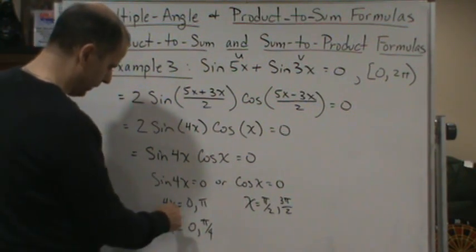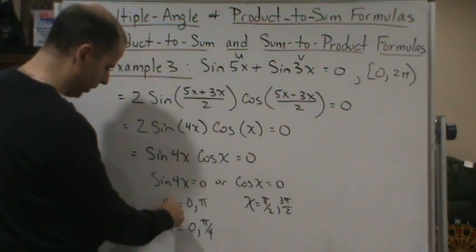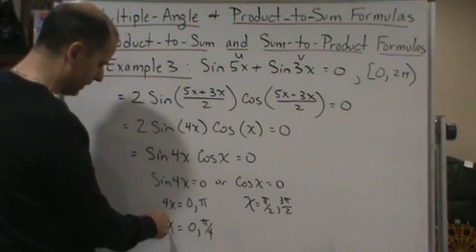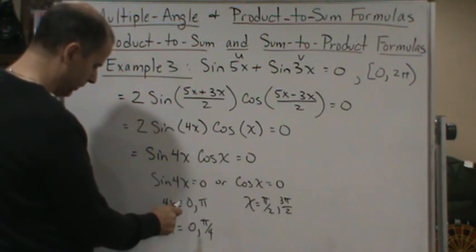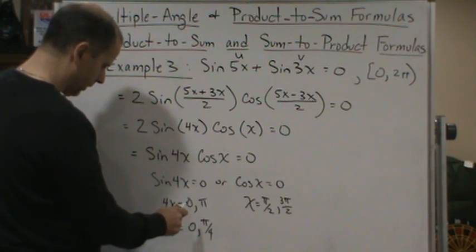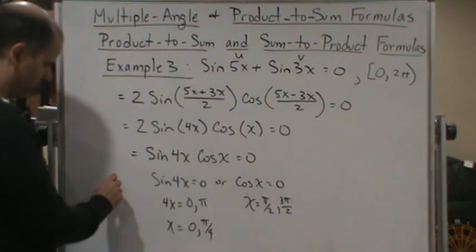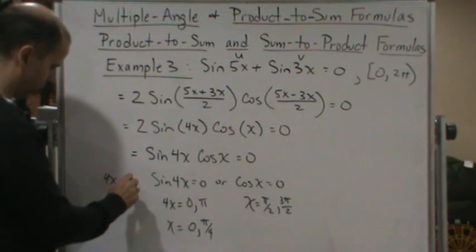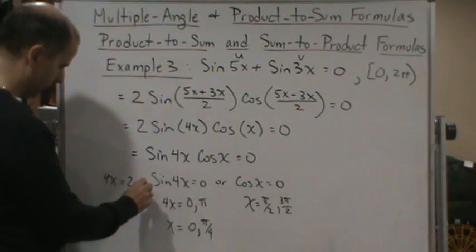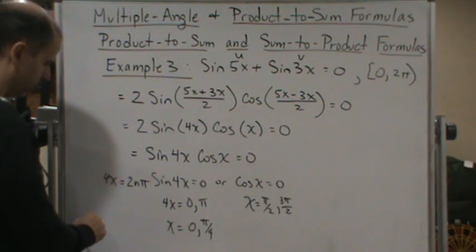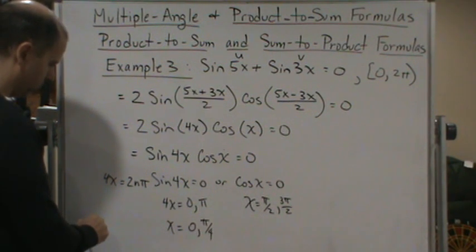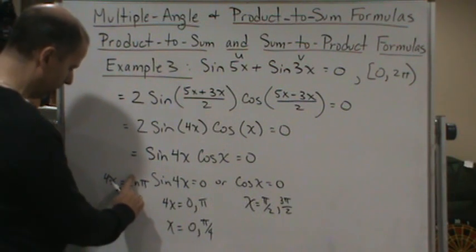Yeah, so remember, because we're taking 4x, this is going to happen in general at 4x equals 2n pi, or every pi, rather.